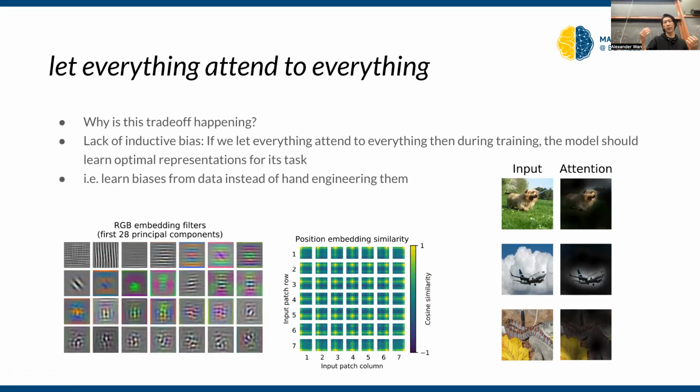And how does this connect to inductive biases? The intuition is if we don't inherently bias the model towards any particular mode of data, if we don't bias it towards images, then it has to learn those representations from the data, right? Whereas with CNNs, a lot of these biases are already hand-engineered.